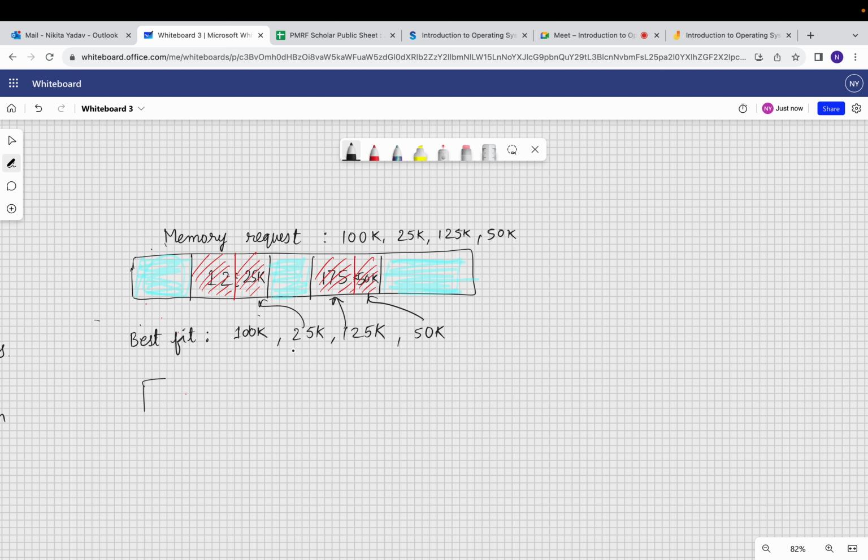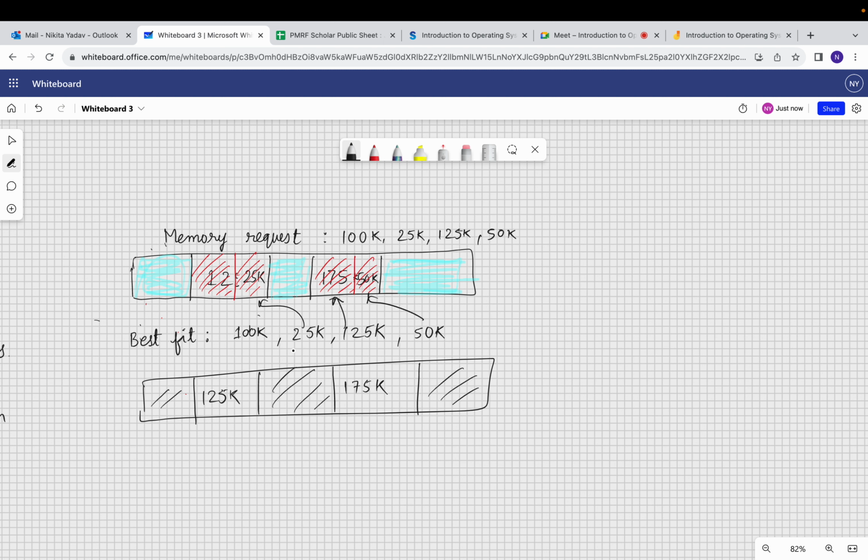Okay, next is first fit. This is 125k and this is 175k. These are allocated. Let's look at first fit with the 100k request.